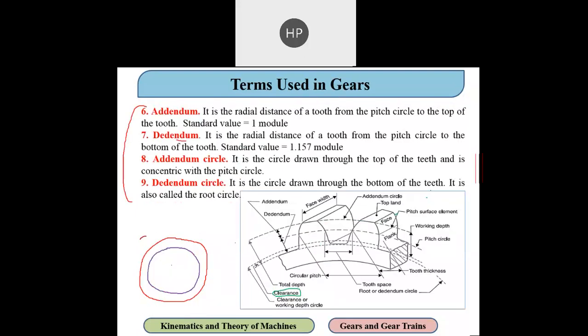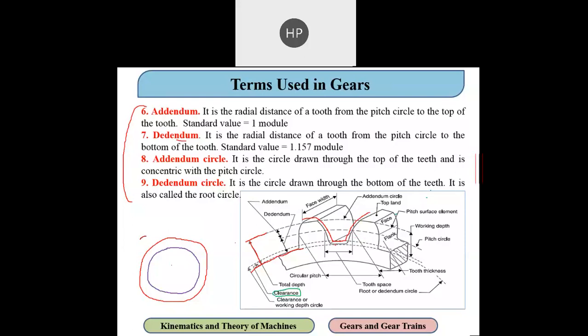What is that? So the total depth, if you see here, this one, is the total depth starting from here to the end of the gear. This is our total depth. But when the tooth of the second gear comes, it will only go up to this one.